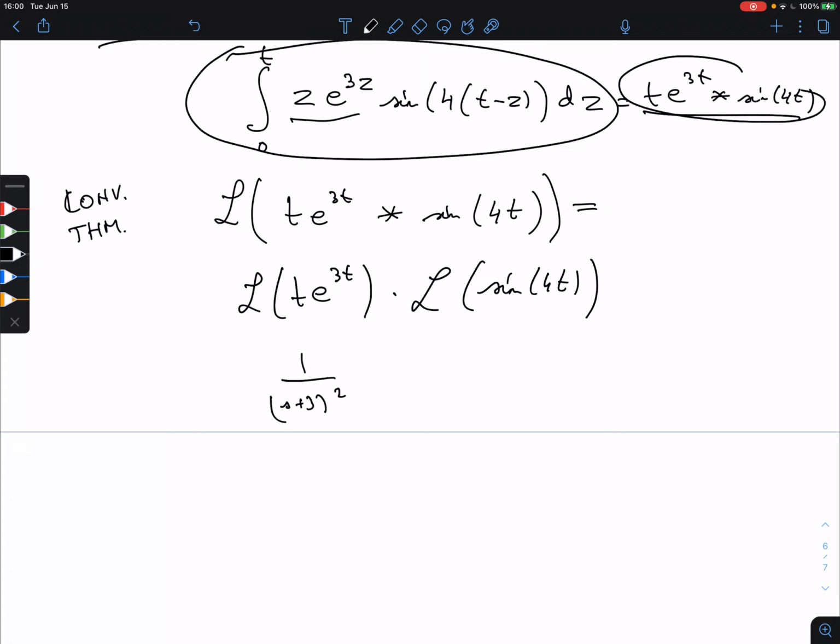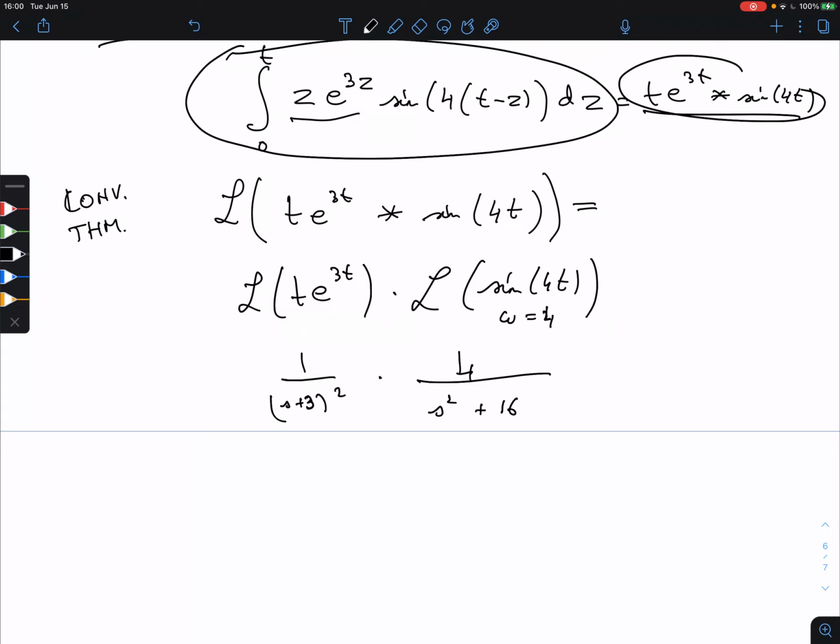And this one is sine, where omega is 4. There's no shift, so we get s squared plus 4 squared, which is 16, and since it's a sine, we get the 4 on top. So that is the answer. It's actually very quick.